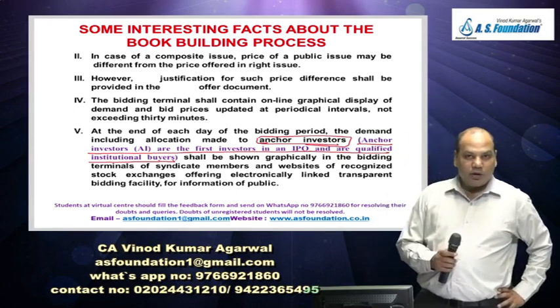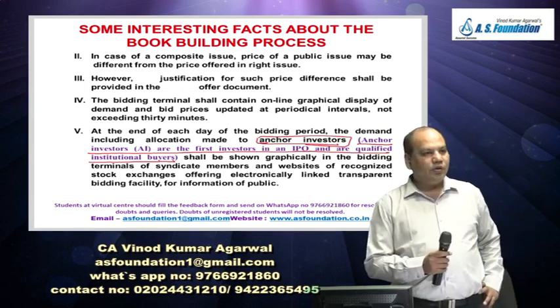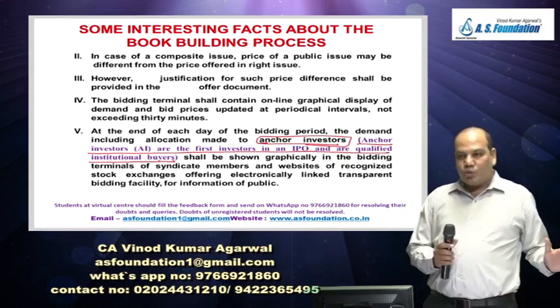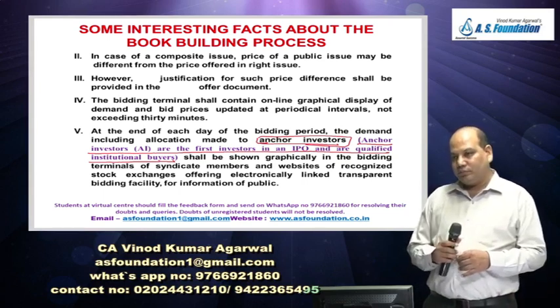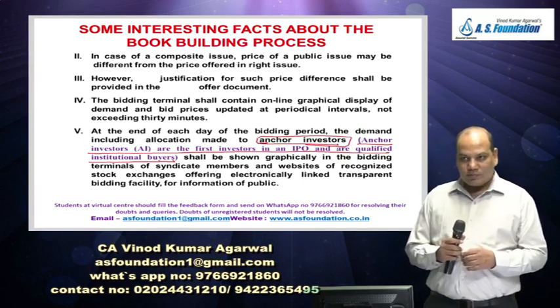So at the end of the day, you can log into the BSE website and you can see how many shares were bidded, at what price they were bidded. So there is more transparency. About anchor investor, we will discuss in few minutes.